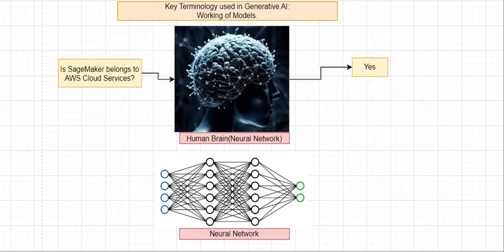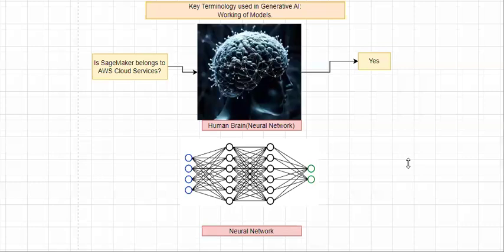In order to take any input, it needs to have input ports, right? If we observe the neural network that we are using for our models, it contains three layers. You can see this is one layer.